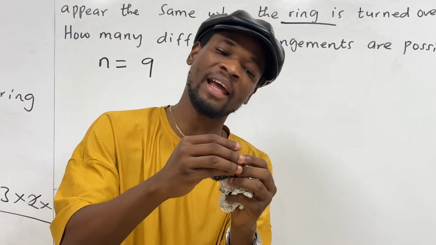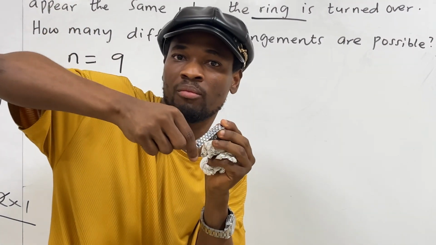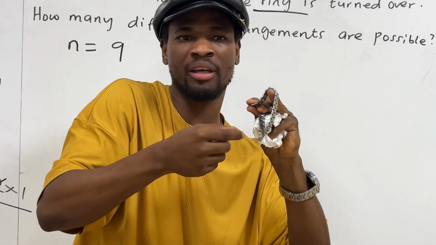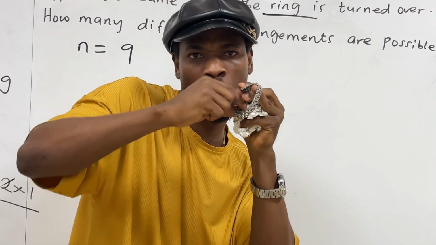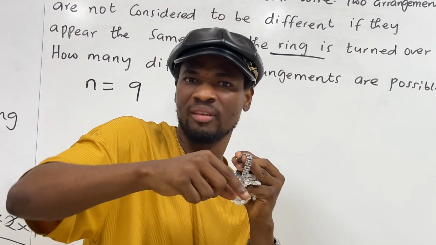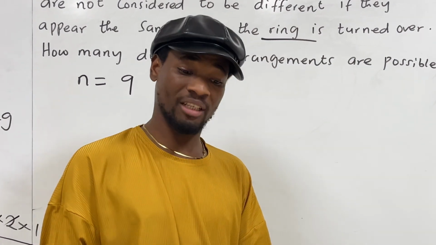So if I turn this one in the clockwise direction and this one in the anti-clockwise direction, and the direction is equal to the other direction, then the formula still holds, which is n minus 1 all factorial divided by 2.